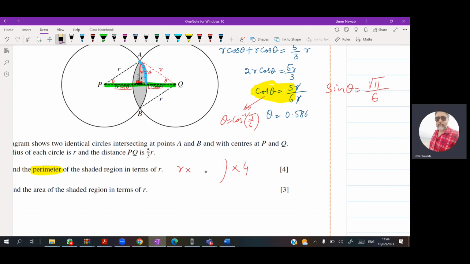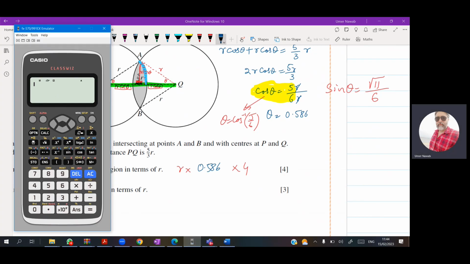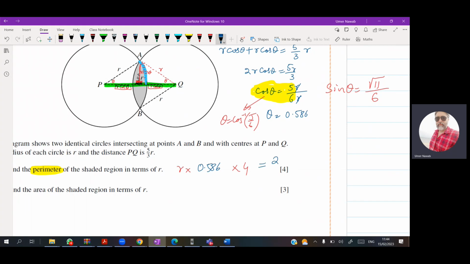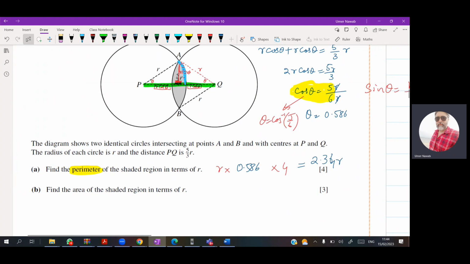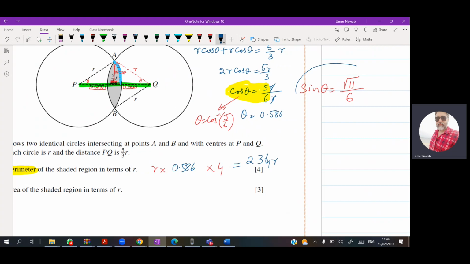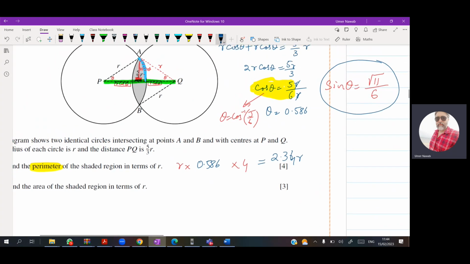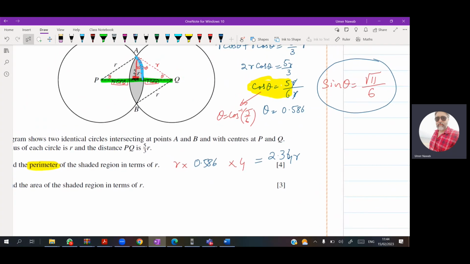I'm going to write 0.586 times 4: 2.34. So my answer is 2.34r, because he didn't mention I need to get the answer in exact form. So it will not be very important to know what my sine theta is. Maybe this is extra work.